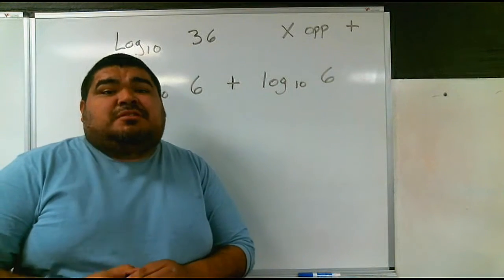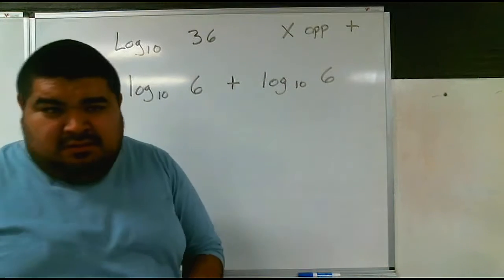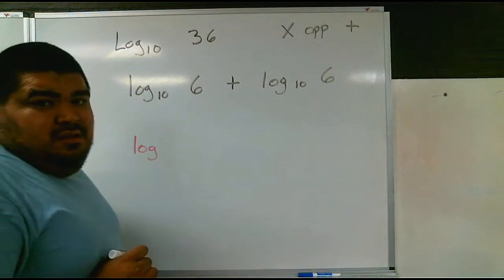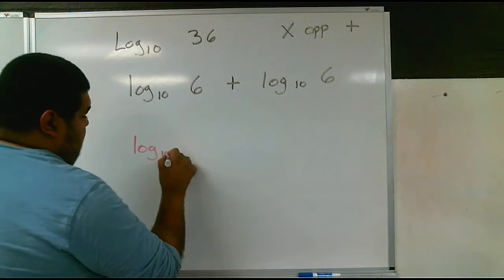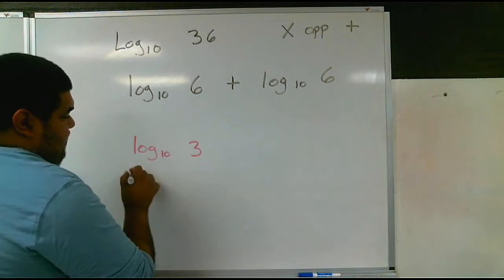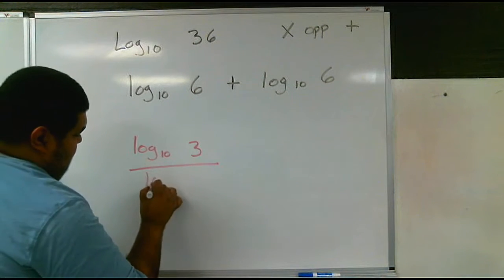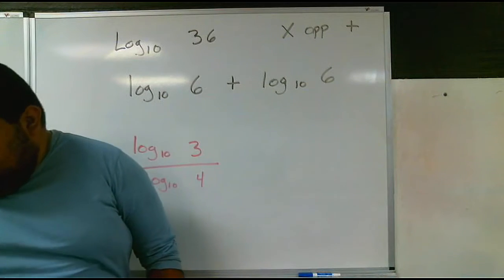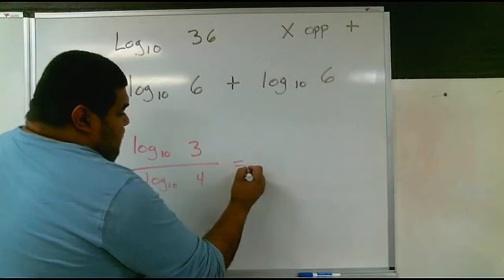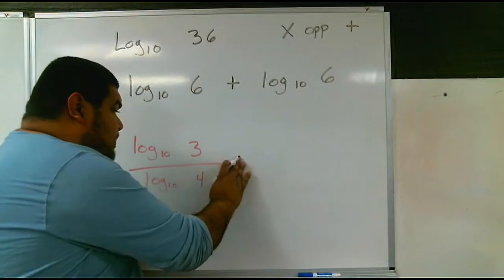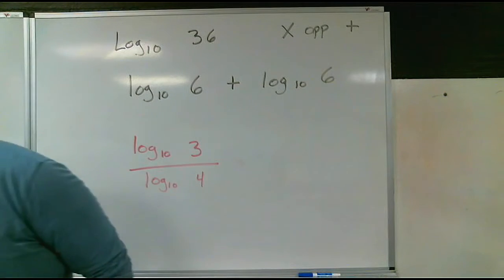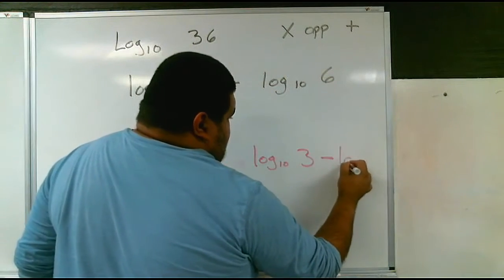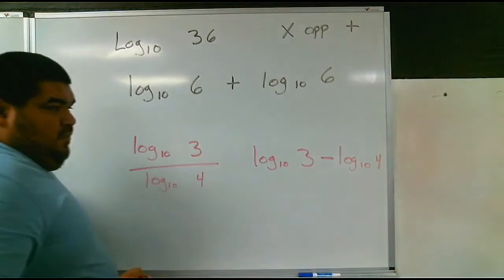When it comes to division, again, if we have, for example, log base 10 of 3 divided by log base 10 of 4, this is pretty much telling you that it becomes log base 10 of 3 minus log base 10 of 4.